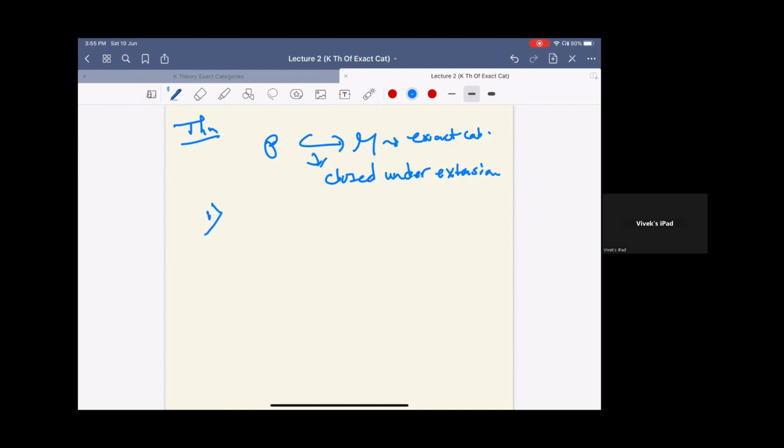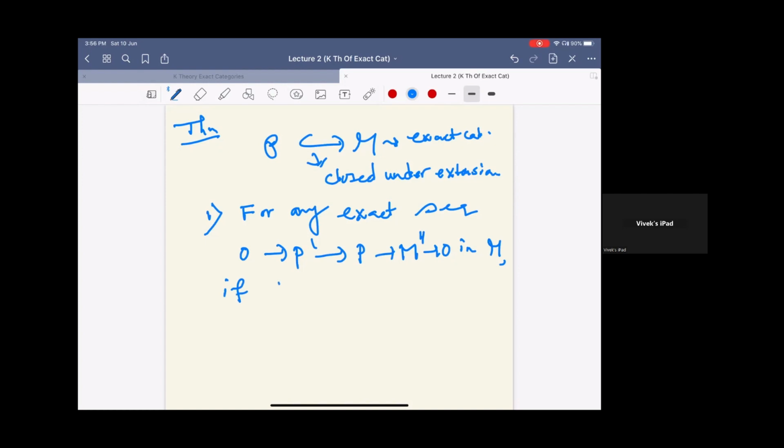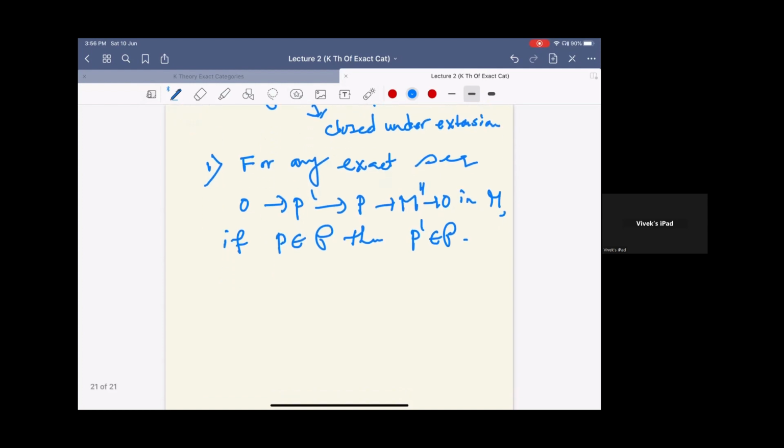We also assume that for any exact sequence in M, if P is in rho, then P prime is in rho. So this is a little bit stronger than being closed under kernels, if you remember last time.